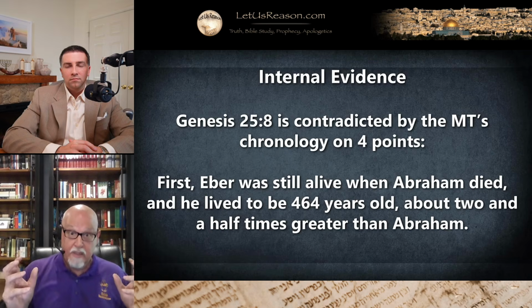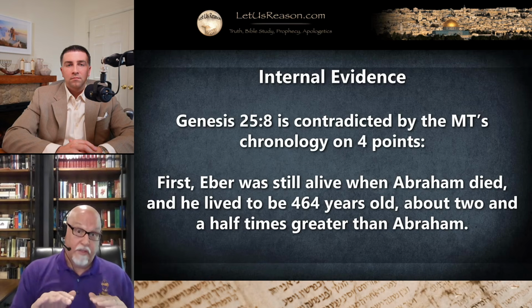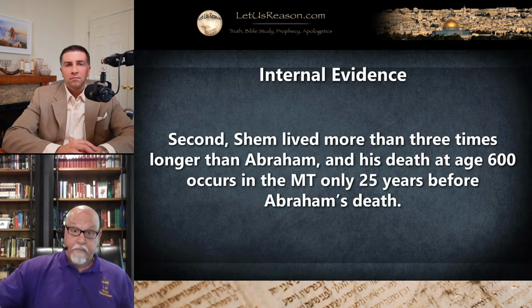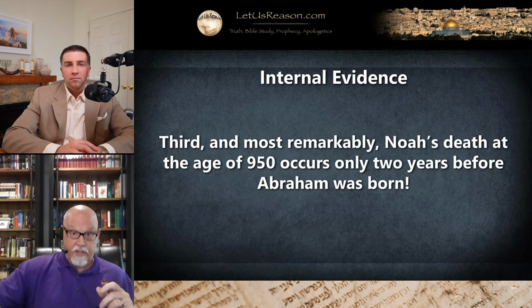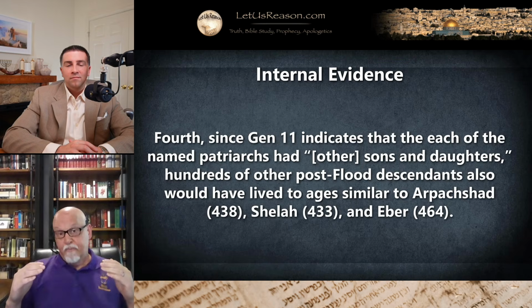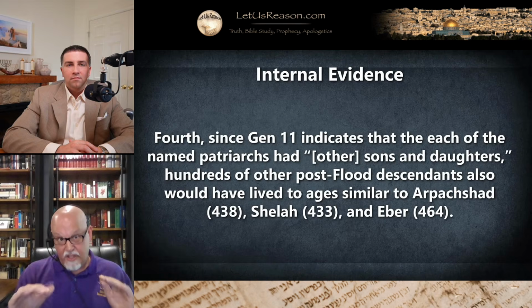But in the context of Abraham in the Masoretic text, he's not an old man full of years. He's lived less than half the life of Eber. Shem has only died 25 years or so before Abraham's death, depending on how you reckon that chronology. Noah's death at 950 is only 2 years before Abraham is born. And then the fourth is that Genesis 11, like Genesis 5, says that these patriarchs had other sons and daughters.